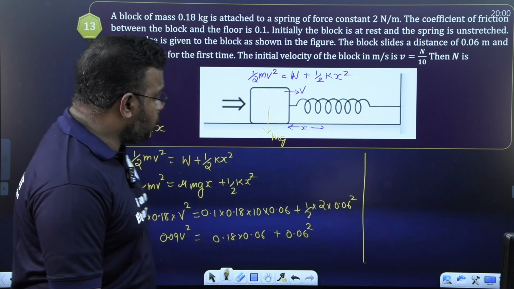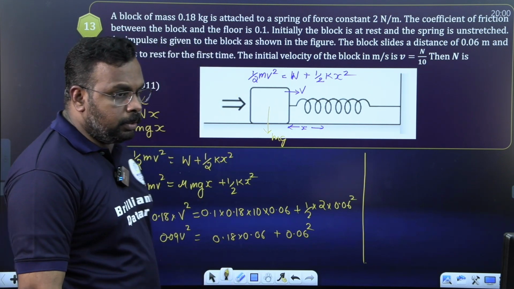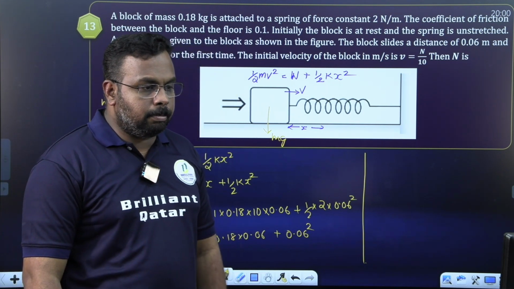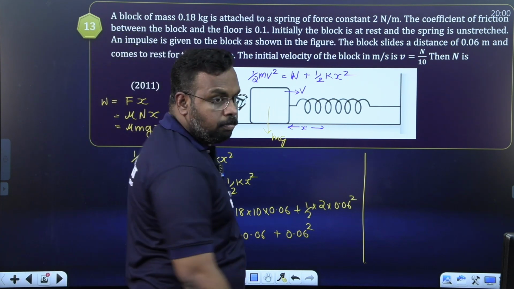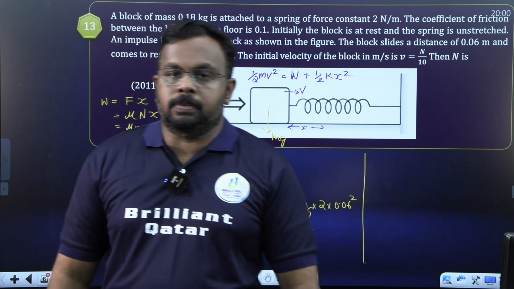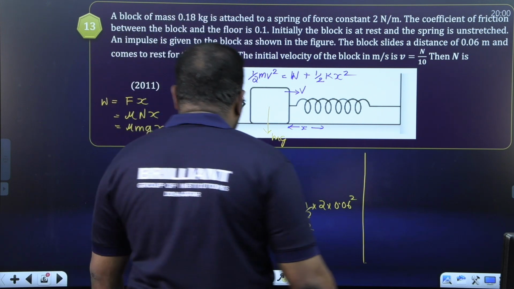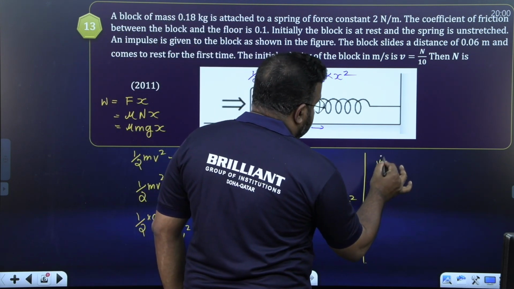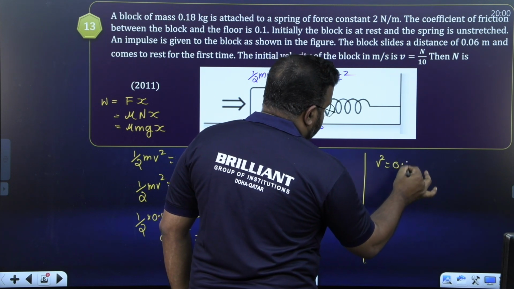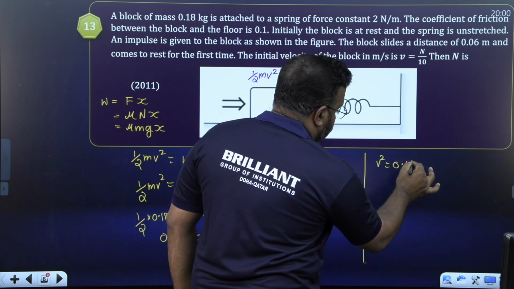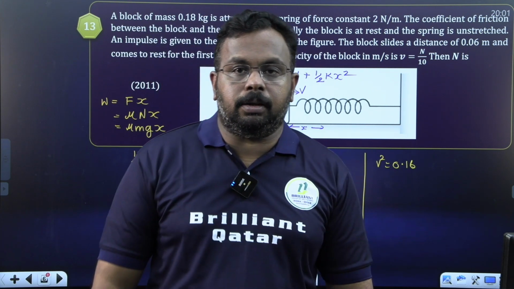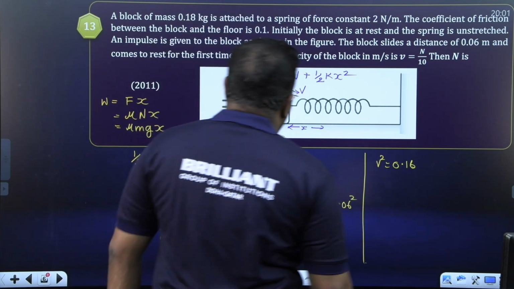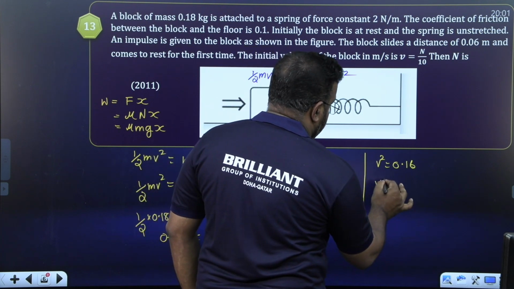That means V square is equal to 0.16, right? Yeah, you can check this. After solving this, you will get V square is equal to 0.16. Yeah, correct. So V is equal to 0.4.